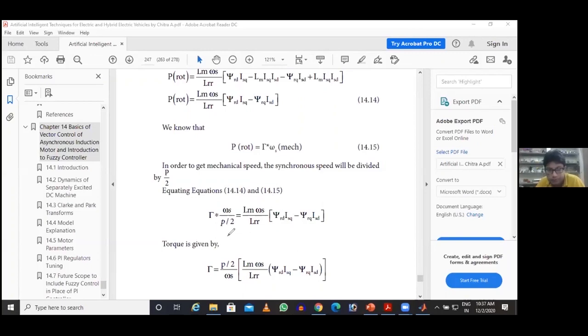So that's why, in place of this, I am putting this and dividing by pole by 2.